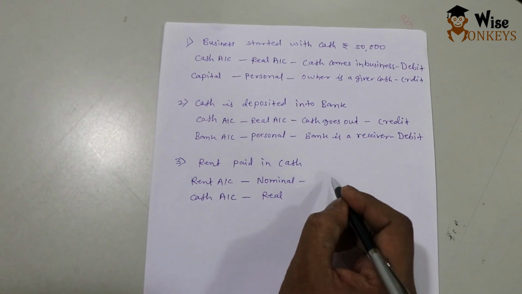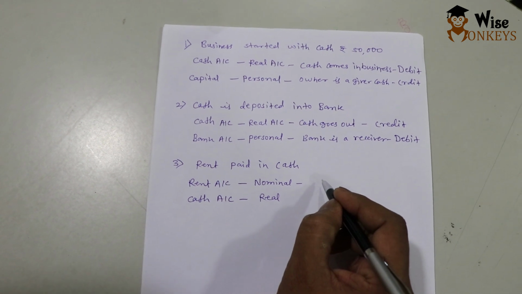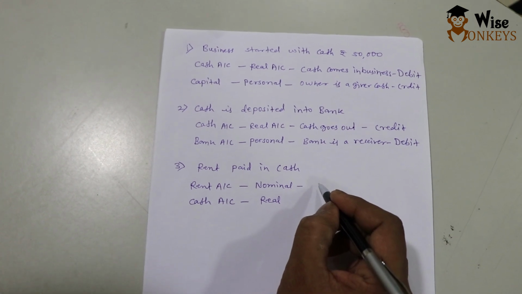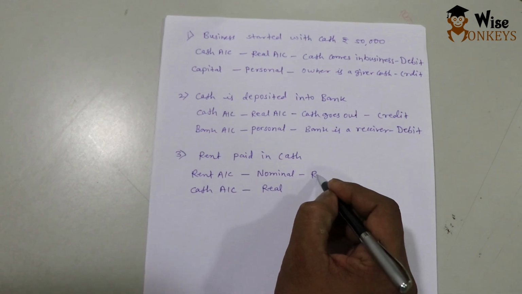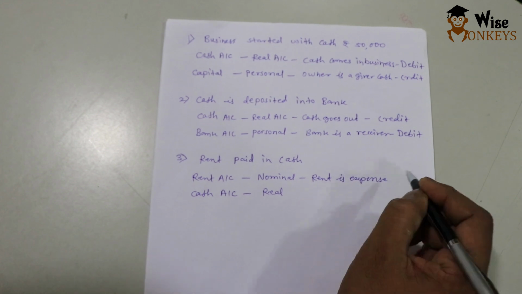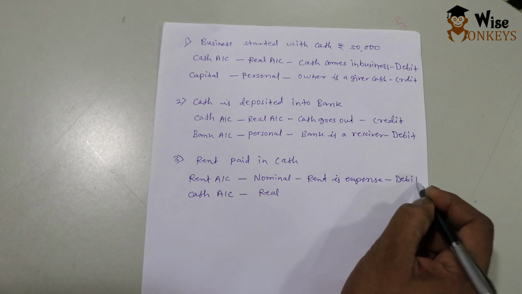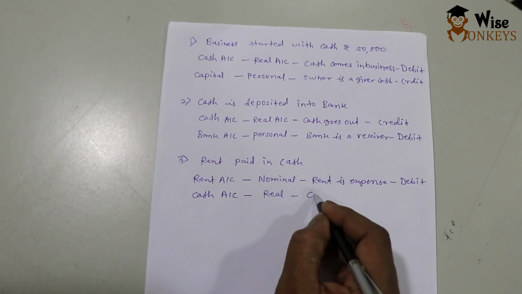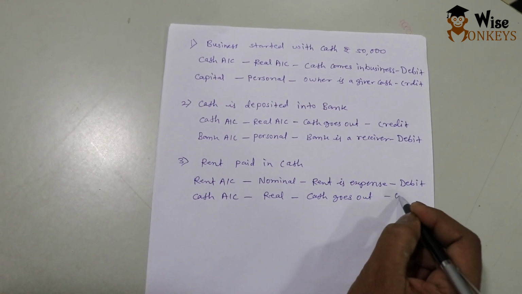What is the rule for nominal account? Debit the expenses or losses and credit the gain, profit or income. Here rent is paid, that means rent is an expense. Therefore, debit the expenses, so we have to debit it. Whereas cash is paid, so cash goes out. So again, cash will be credited.